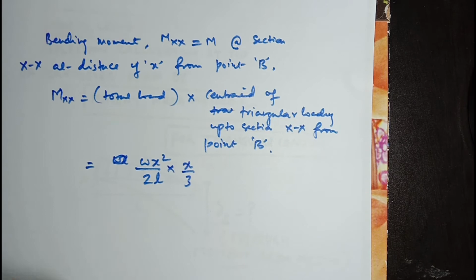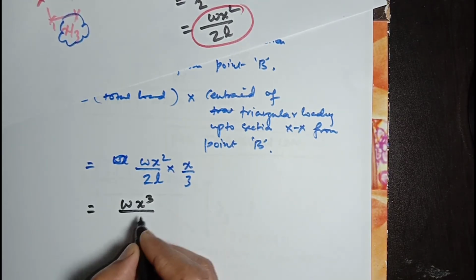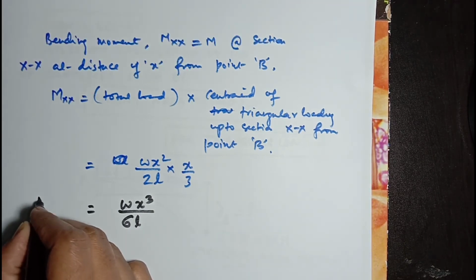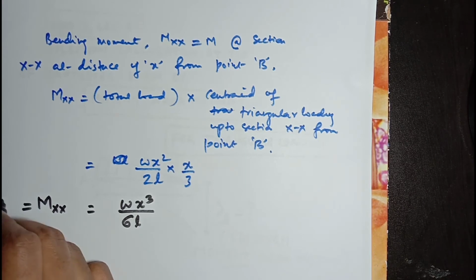So the bending moment will be W X cube divided by 6L. This is Mxx, or M.